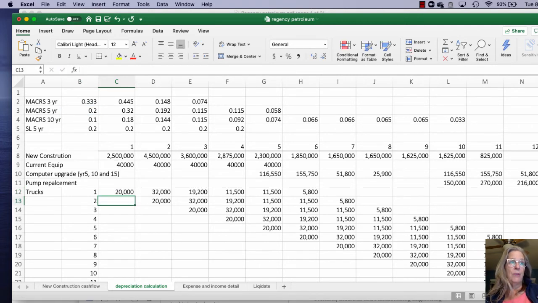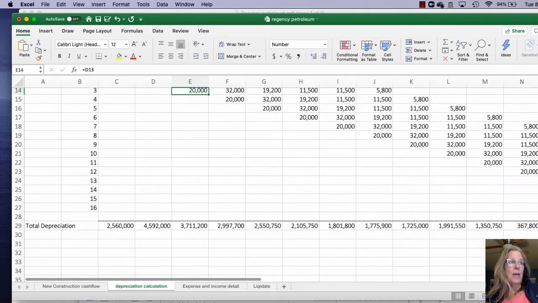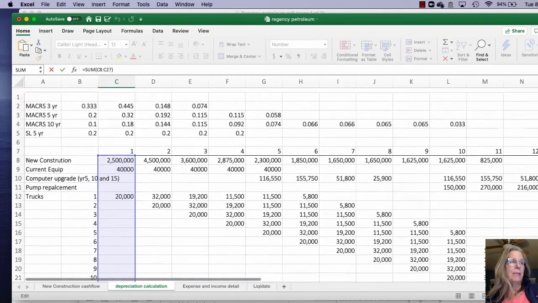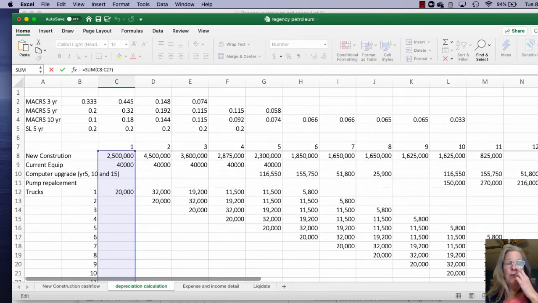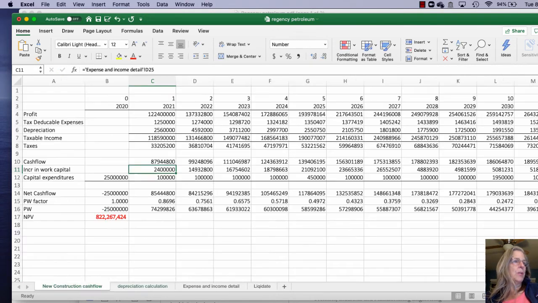And so then I do that one. And then in year 2, I buy some trucks, but it starts in the second year. In year 3, I buy trucks, but the depreciation starts in the third year. So what I'm going to do then is this is going to be the summation of all those depreciations from all of those items that have been depreciated. And then that number goes here, right here. That's the depreciation value. So now we can just do the calculation.